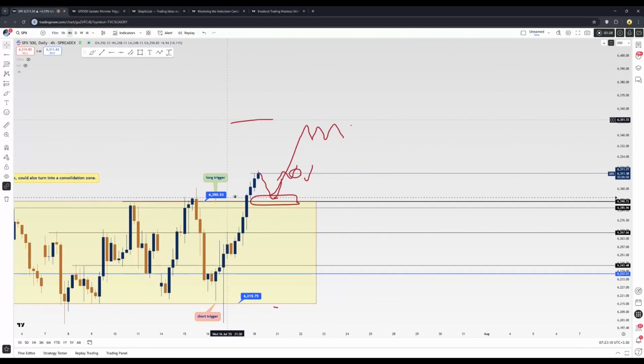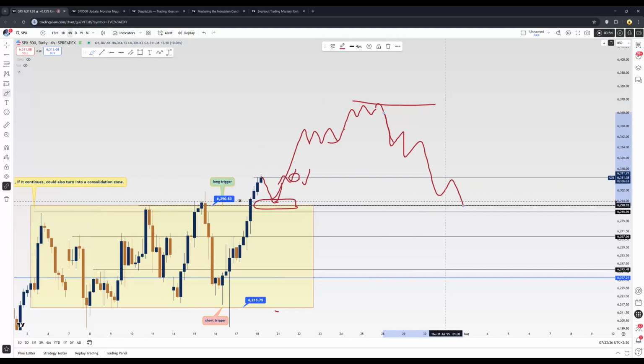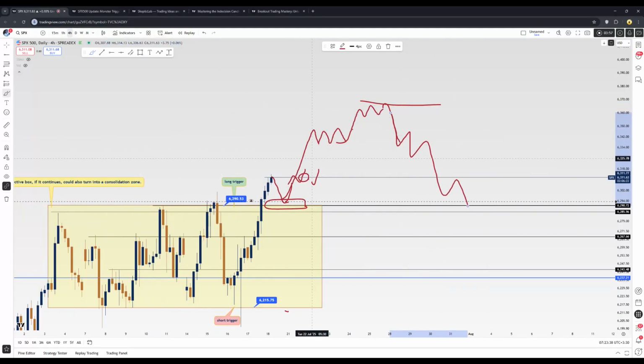Number 5. After the second wave that formed, we will arrive somewhere where we saw a reject from that level, a massive reject. That would be our main resistance. It could be a correction phase after that, could insert a long correction, whatever.